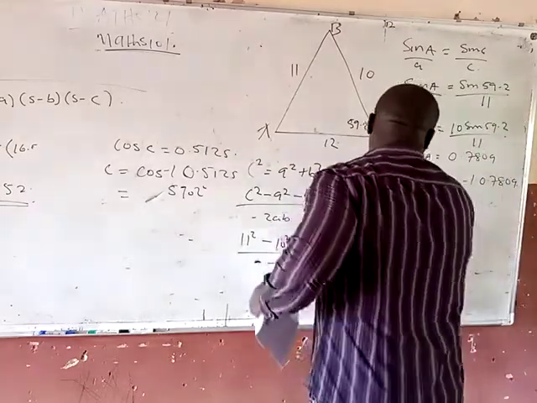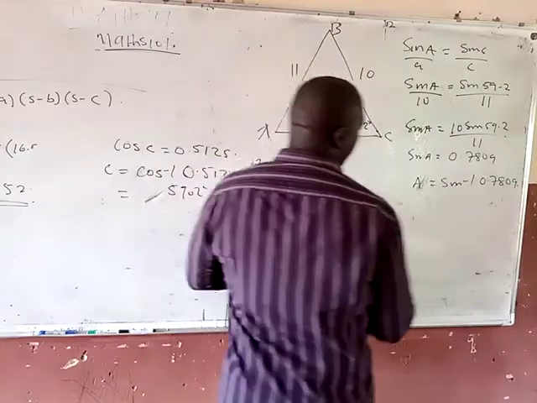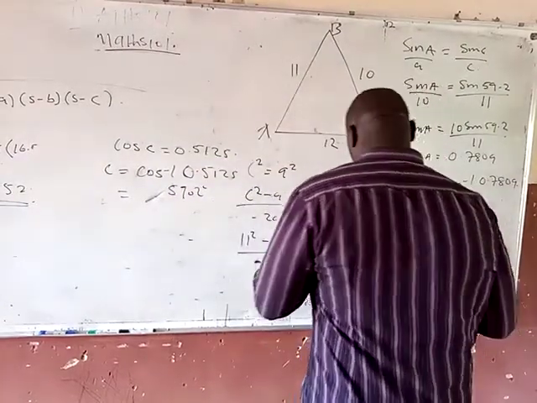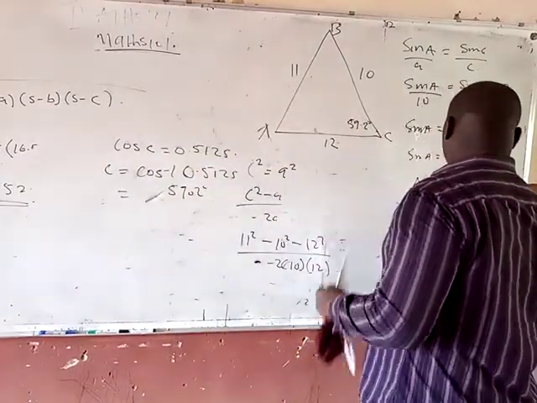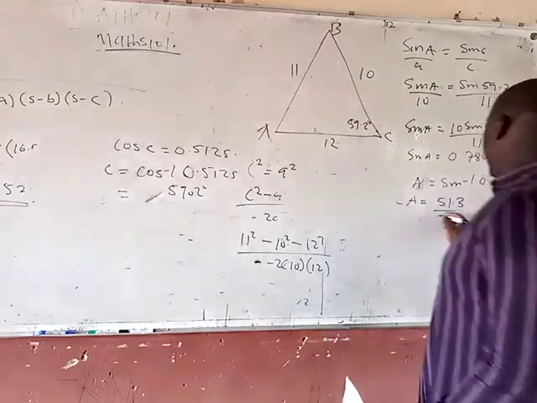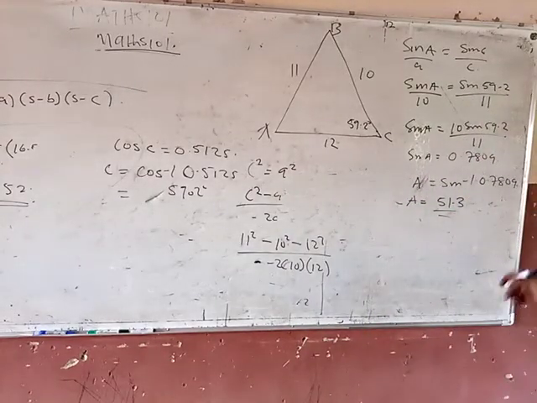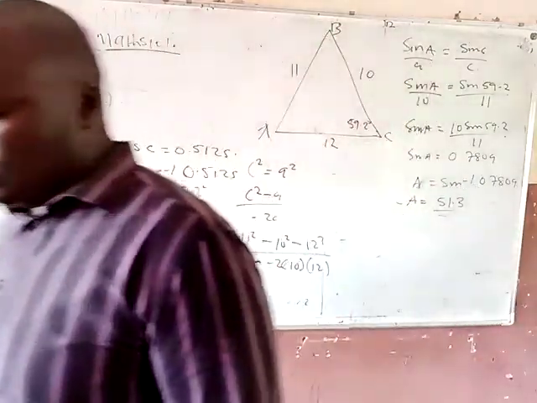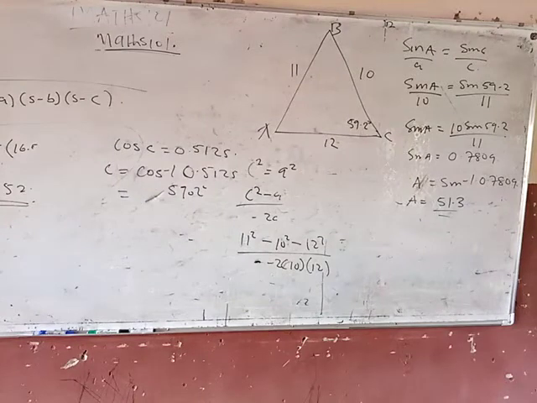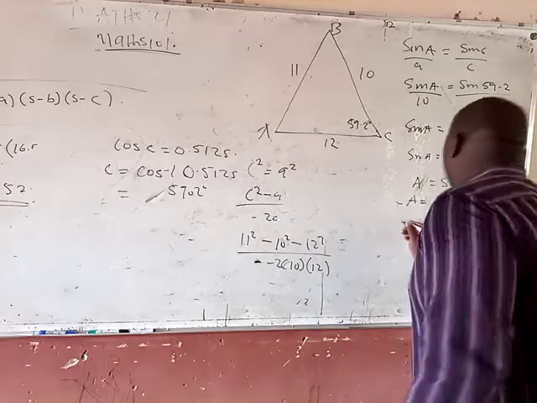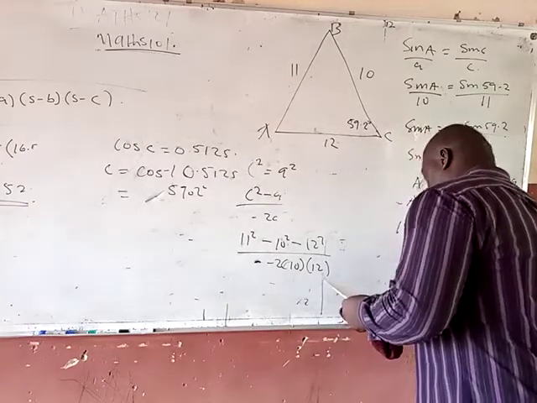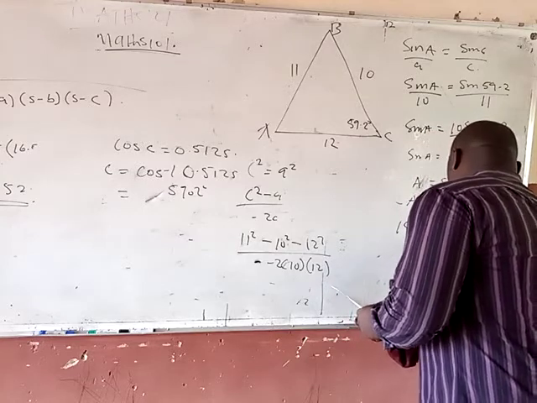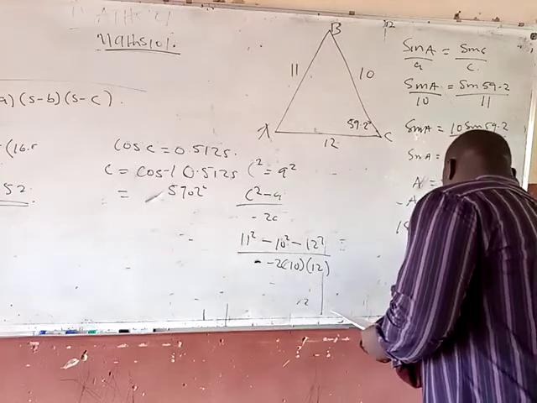Good. Now, that means your A is 51.3. Remember what I said, whenever you use inverse, the next thing you have to do is subtract it from 180. So if you do 180 minus 51.3, what you get is 128.7.